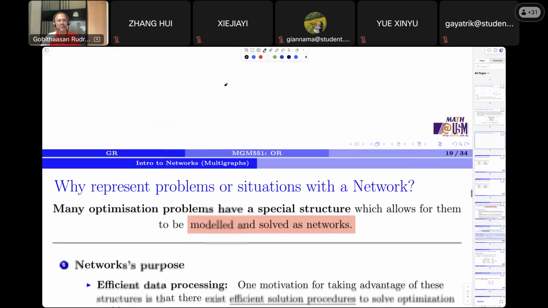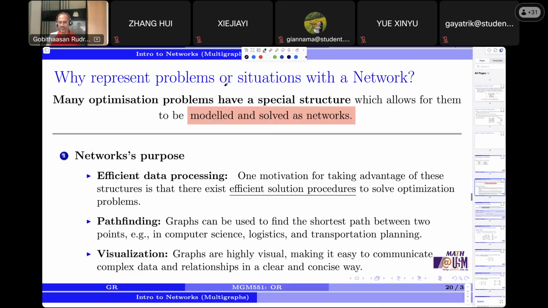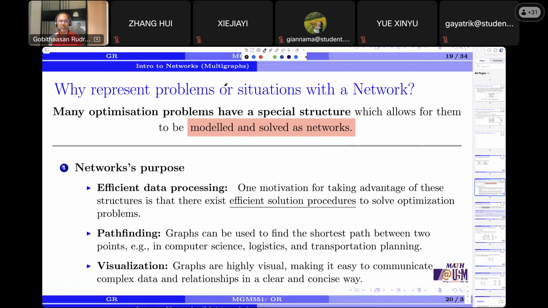Let's move on. Right, so now we come to a question. Why represent problems or situations with a network? The answer would be many optimization problems have a special structure which allows for them to be modeled or solved as networks. When it comes to data science especially, the data is so huge that it is really hard to visualize and hard to analyze.